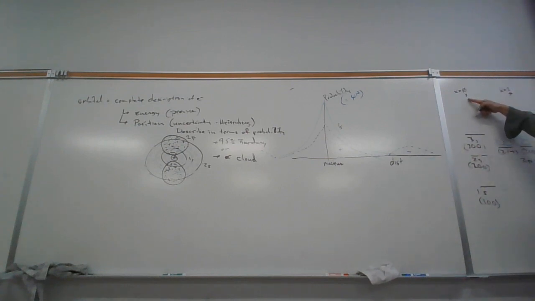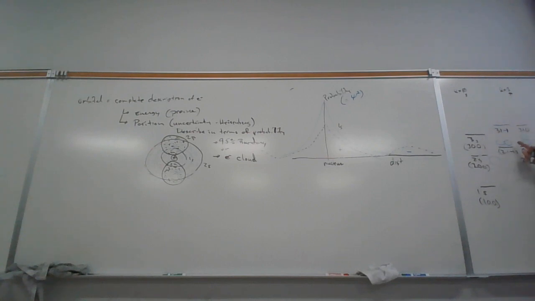When n is equal to 3 and l equals 1, we'll have 3, 1, and m goes from -1 to +1. So -1, 0, +1. That gives us 3 orbitals with 3 different orientations.